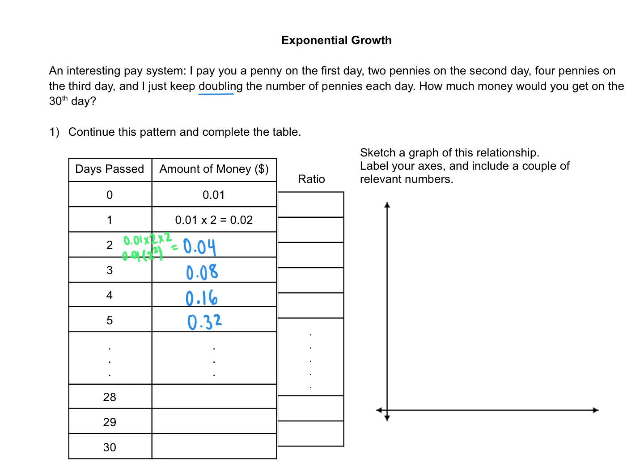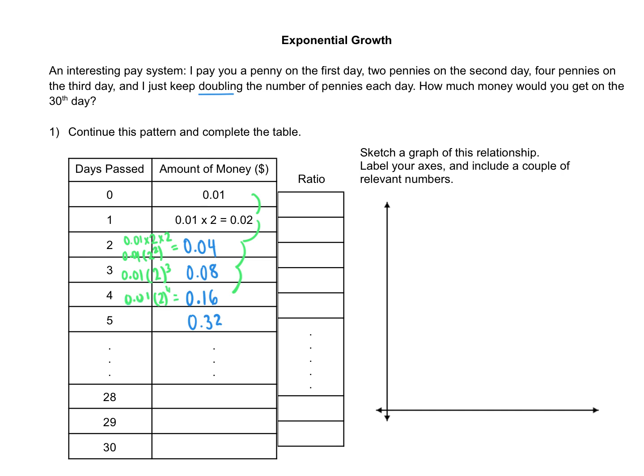And then when I multiply by 2 again to get to 0.08, that means I could have just done 0.01 times 2 to the power of 3, because that will be the third time I double my answer. This was the first, the second, third. For the fourth day, I've now multiplied by 2 4 times. So it'll be 2 to the power of 4, and then with that original 0.01.